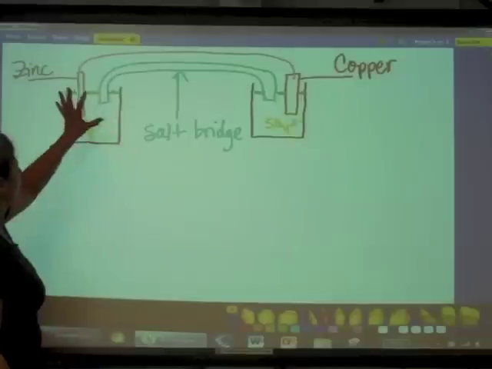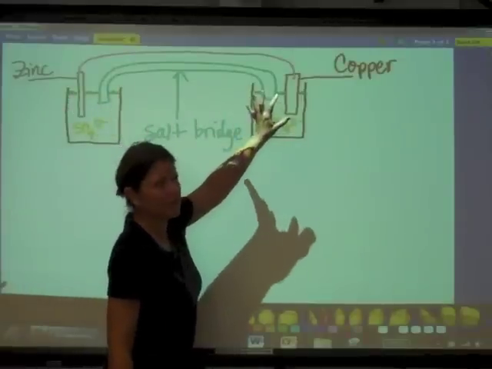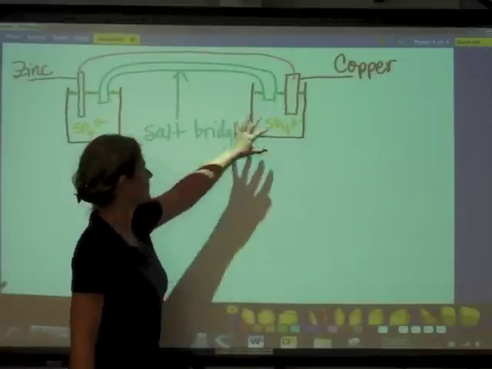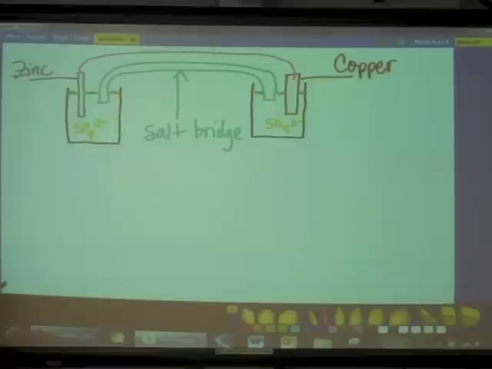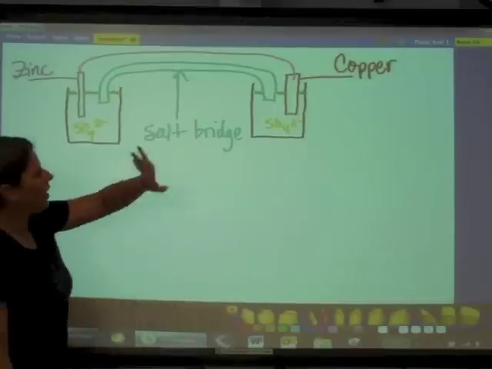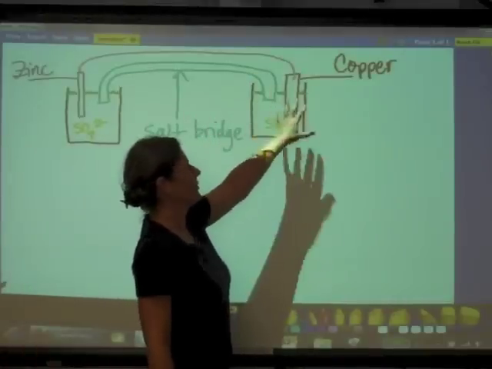Okay, so we've got sulfate ion, both sides. Now, remember back to our half reaction. Copper is being reduced.